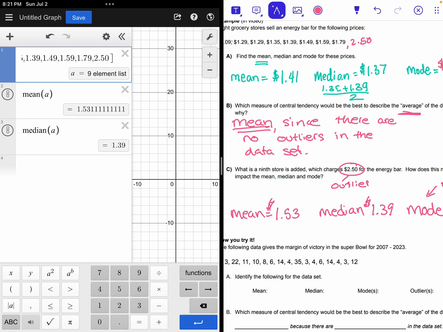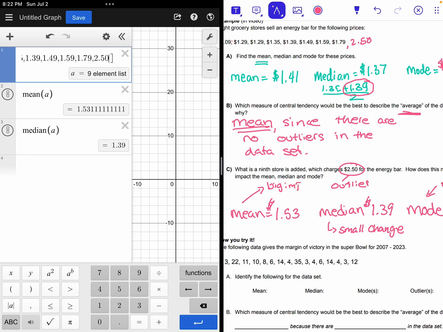It went up by 2 cents. But if you remember, that 139 was one of those 2 values that we used to find the original median. So really, it's not a huge change. It's a small change. But the number that really was impacted was that mean value. Notice the mean's now 12 cents higher. So this had a big impact.